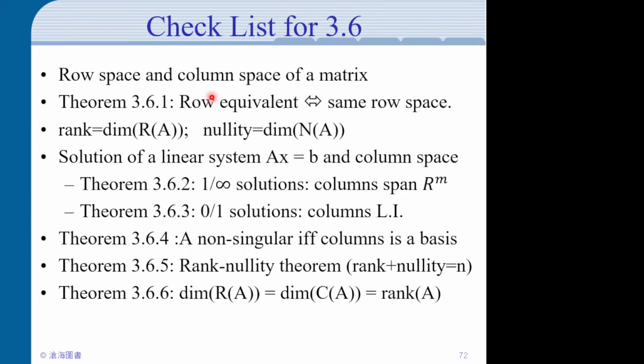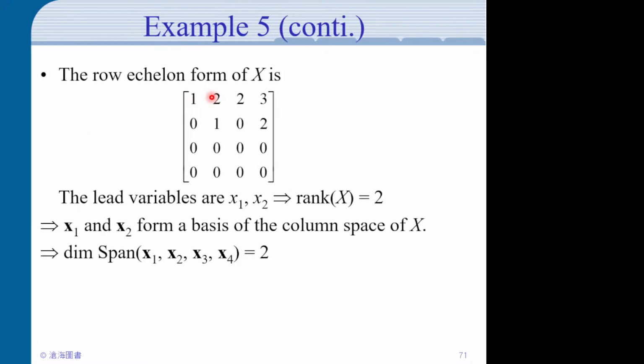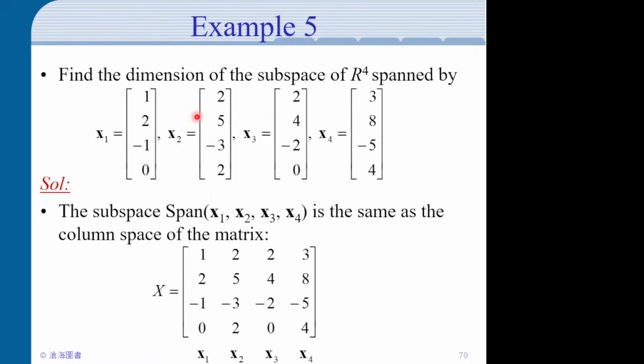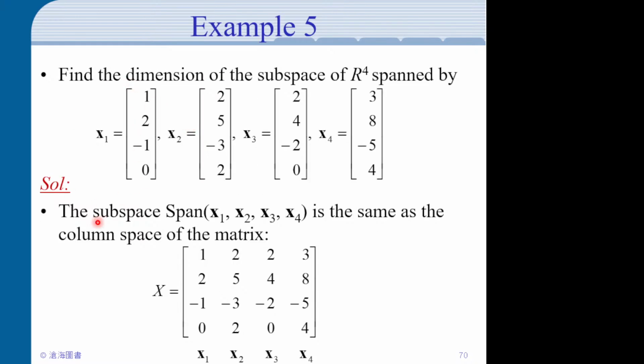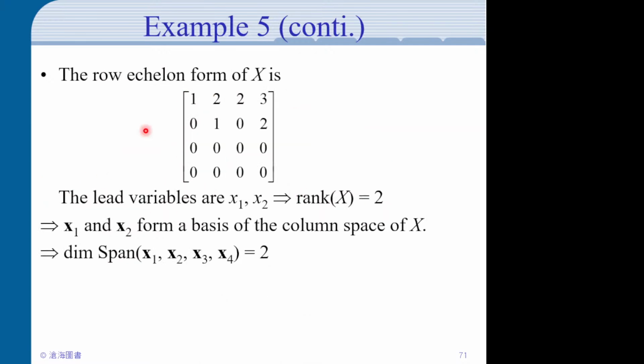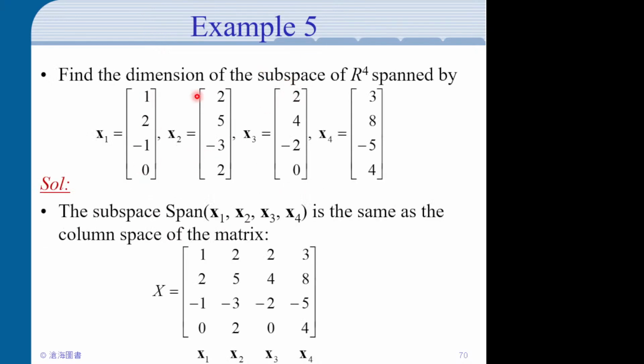So anyway, we get the row echelon form of X, and it is this, and we see it has two lead variables, 1 and 1 here. So the lead variables are x1 and x2, so we know x1 and x2 form a basis for this, and the dimension of the subspace spanned by those four vectors is actually only 2 dimensional.